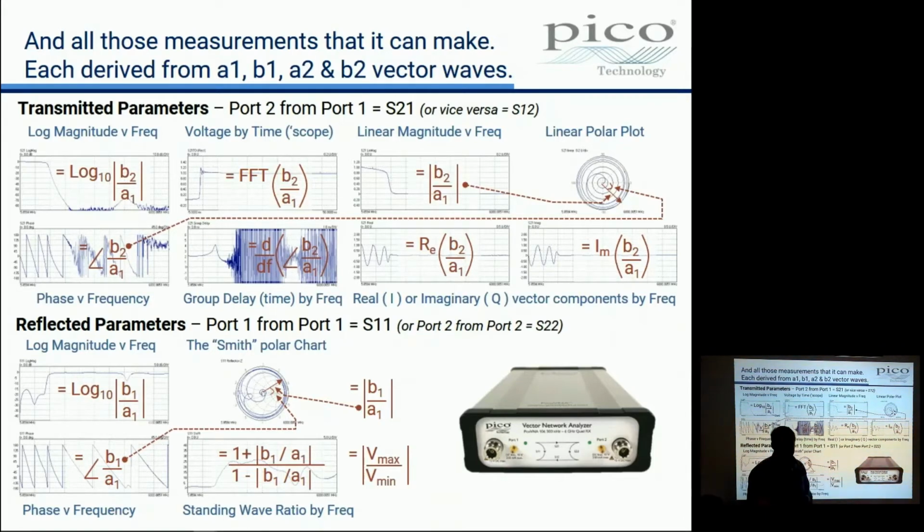We saw that SWR is Vmax over Vmin in a line. What that pans out to be is 1 plus the magnitude of B1 over A1, over 1 minus the magnitude of B1 over A1. But again, simple maths derivation from the S parameter.